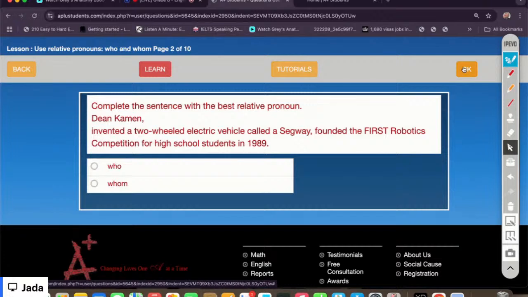Founded the first robotics competition for high school students in 1989. So is it whom or who? So what's the right one here? What do you think is the right one?